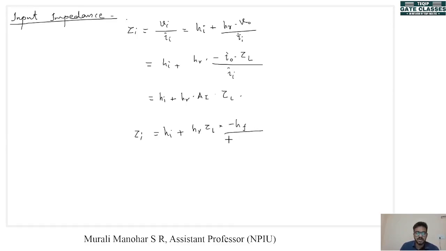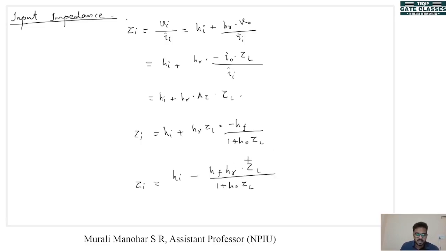So ZI is equal to HI minus HF HR into ZL divided by 1 plus HO ZL.